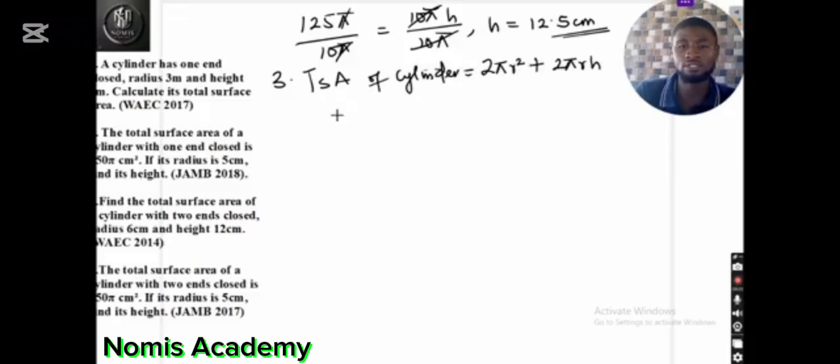So let's put in the given parameters. Given that we know our pi equals 3.14, our r is 6 centimeter, and the height is 12 centimeter.